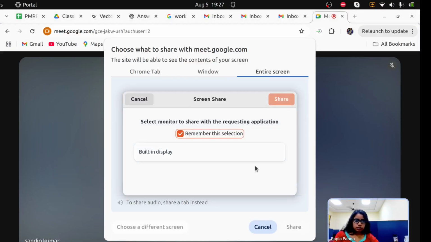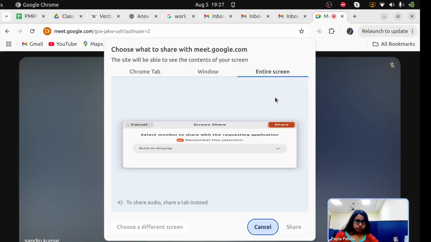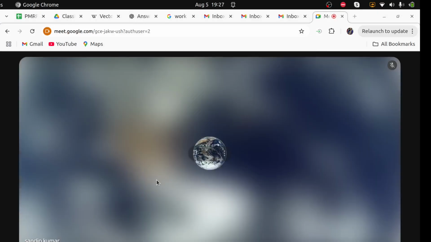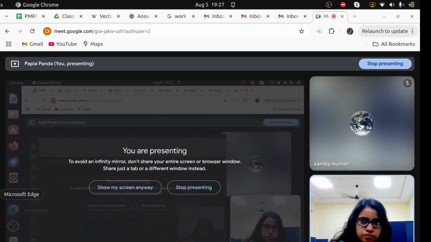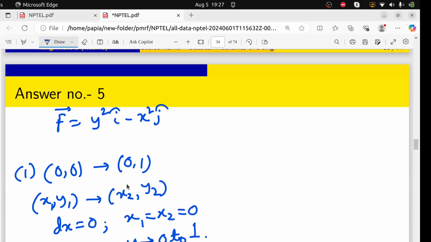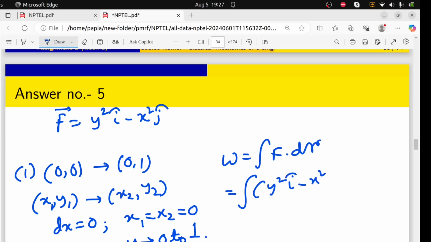Okay, let me again share my screen. So dx is 0 and work done. Work done is what? Work done is F dot dr. So I can write it y square i cap minus x square j cap.